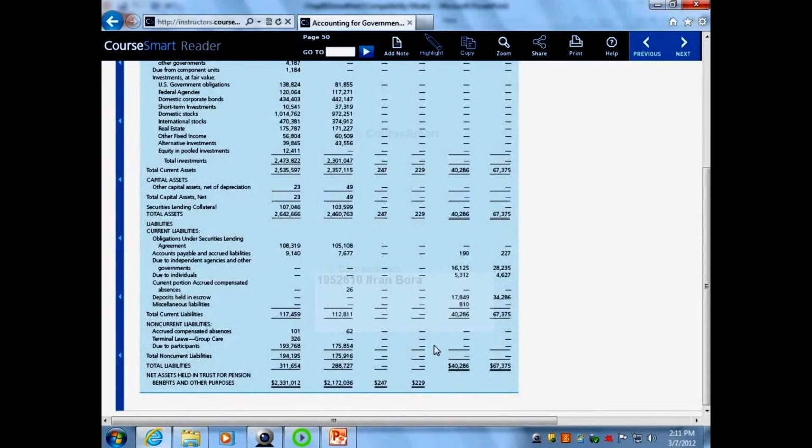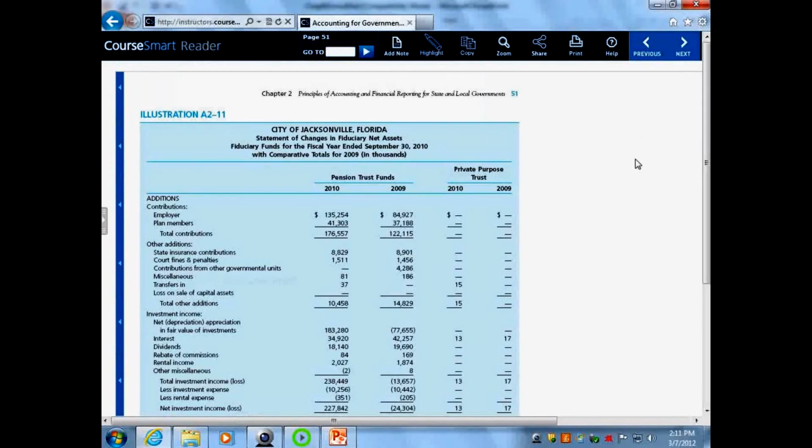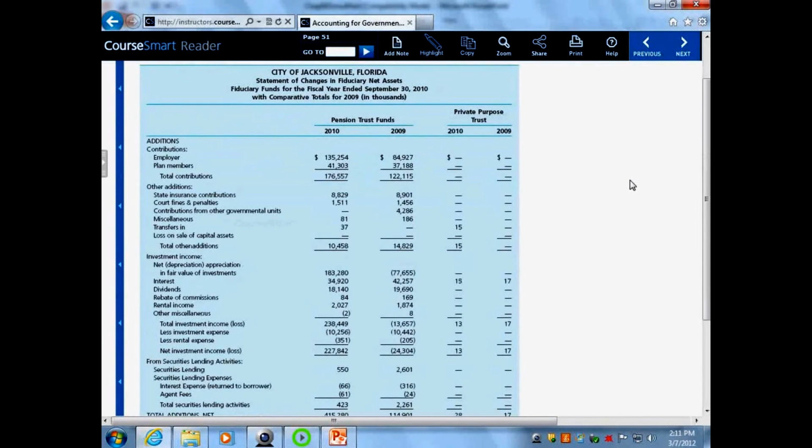So, and if you really want to see that, notice that instead of calling it the income statement of revenue and expenses, this statement is called statement of changes in fiduciary net assets. In your mind, and I hate to say this because I don't like to throw these terms out, just think of this as the operating statement, which is like your income statement. Just think of it. Notice that a column is missing.